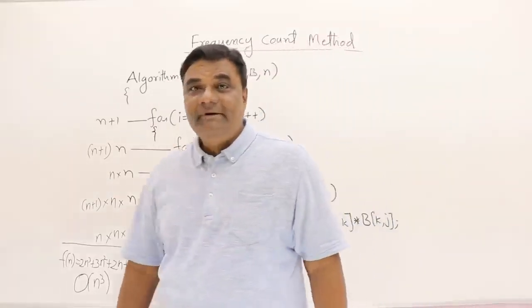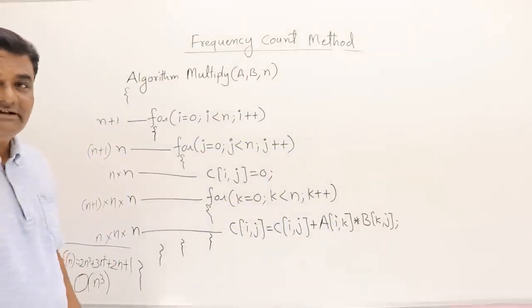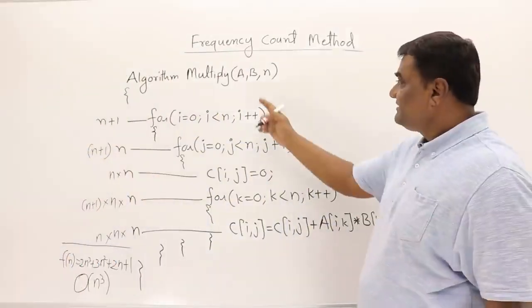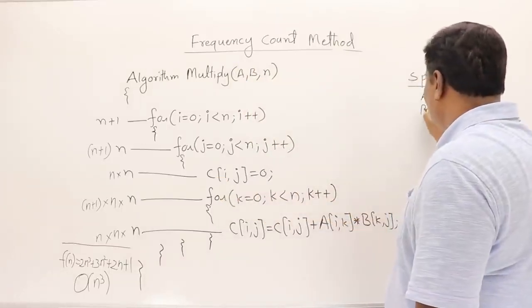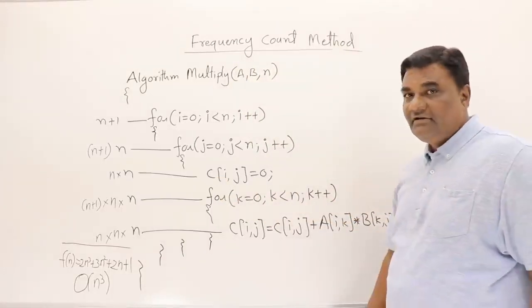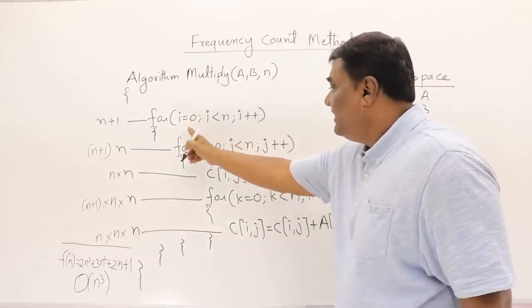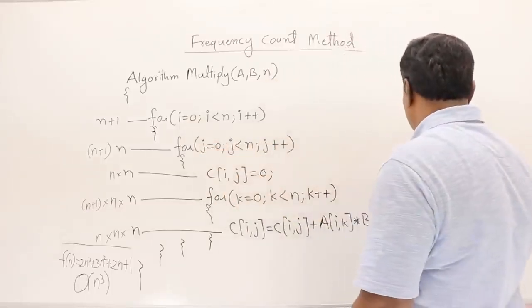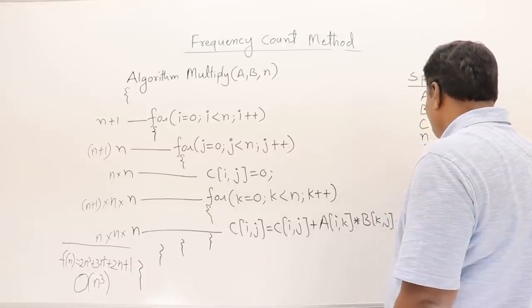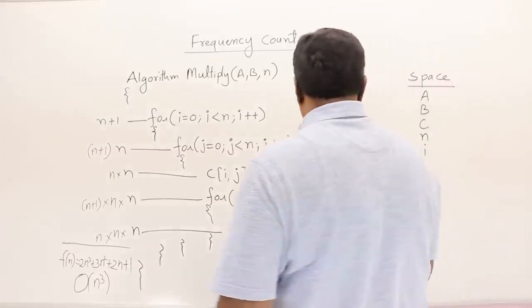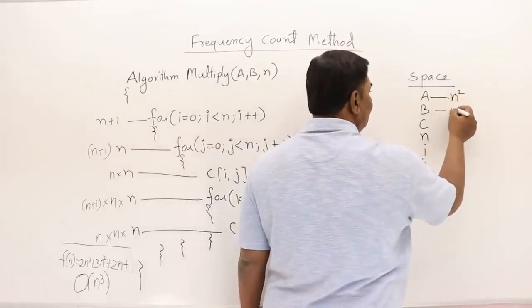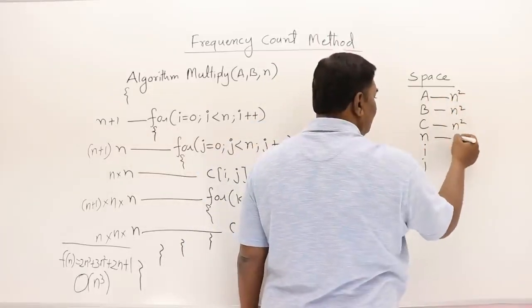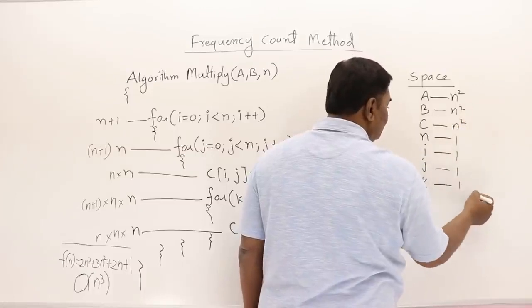Let us see space complexity for this one. The variables it is having are a, b and c, and n, i, j and k. These are matrices, so n square, n square, n square, and all the others are 1, 1, 1.